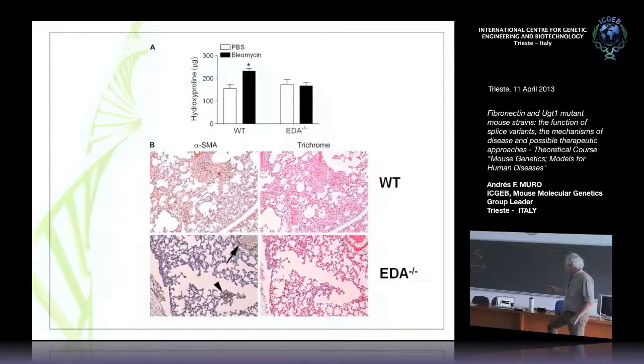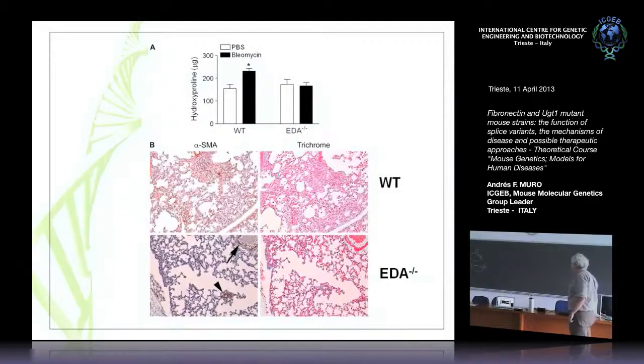And in the case of the animals lacking the EDA exon, there was no increase in the presence of collagen. There was no extra fibrosis in those animals, and this was also related to the loss of the EDA plus animal to activate latent TGF-beta to the active form of TGF-beta.